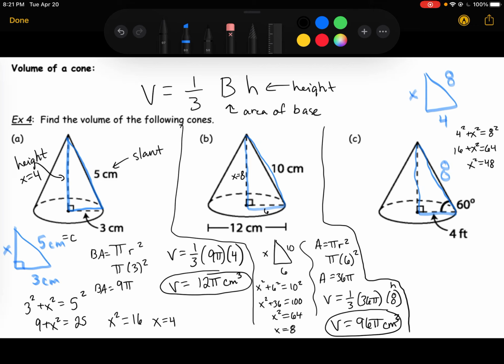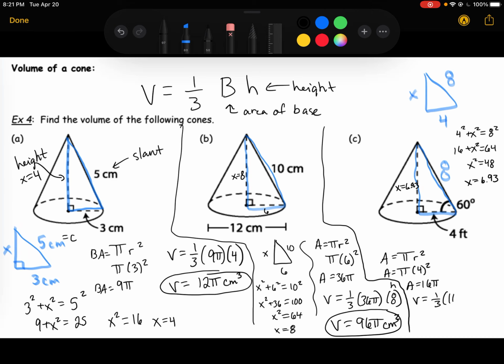So we'll take and subtract 16 from both sides. Get an answer of x squared equals 48. And in this case, if we take the square root of 48, that'll give us x. X equals 6.93. So that is our height.